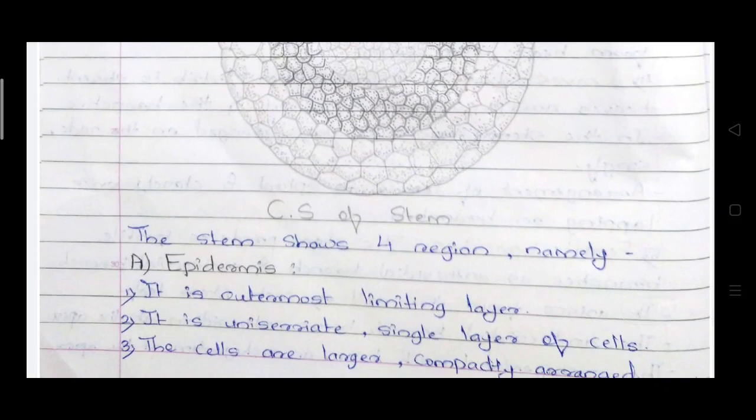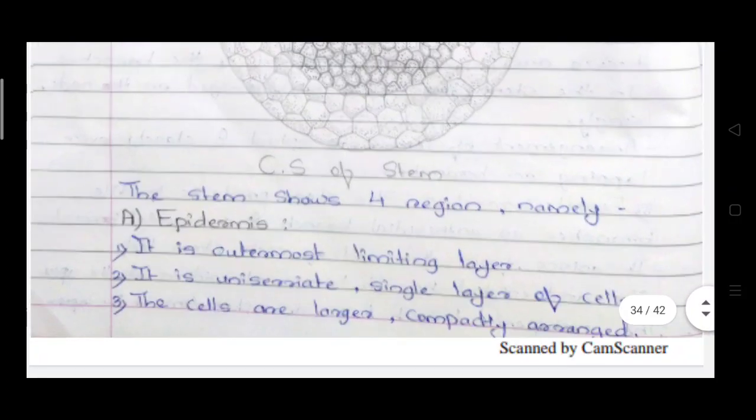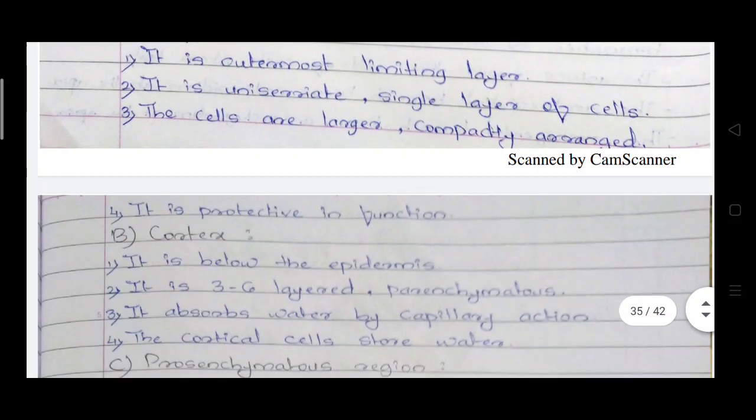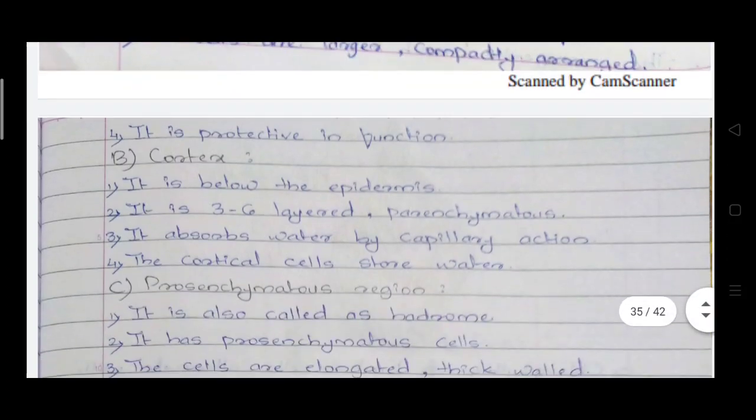First is the epidermis. It is the outermost limiting layer. It is a single layer of cells. The cells of the epidermis are larger and compactly arranged. The function of this epidermis, as you know, is protection. Then next to the epidermis, the second part in the anatomy of the stem is the cortex region.